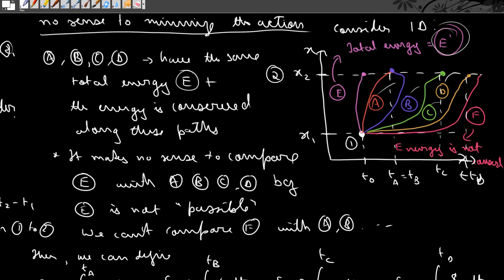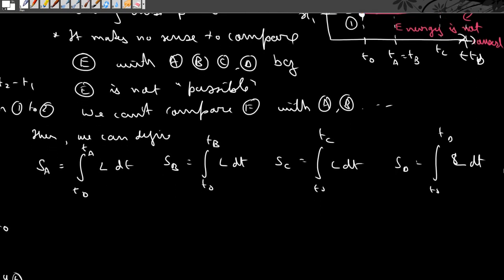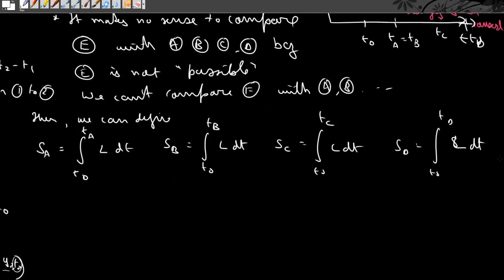It can end after half an hour, after 10 seconds, or after 15 minutes; we do not know. We have no information about the end point time. But we can anyway define these various actions in this manner.